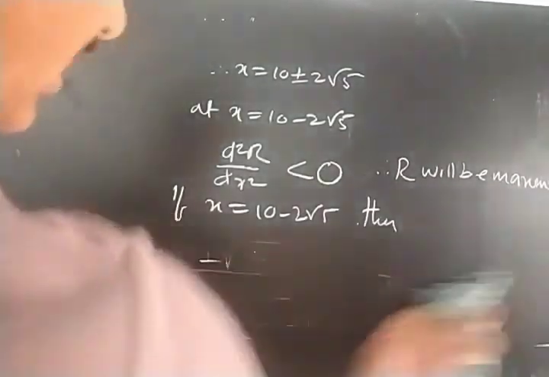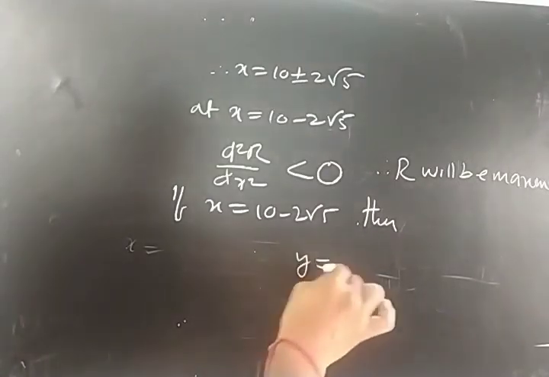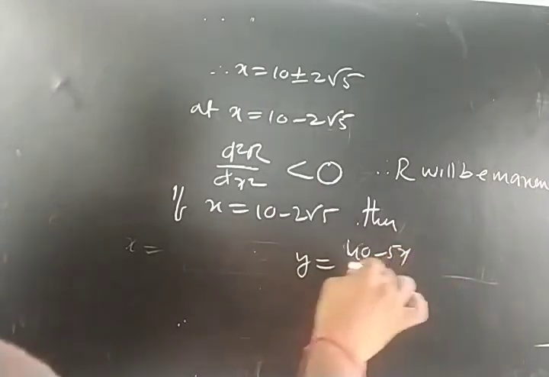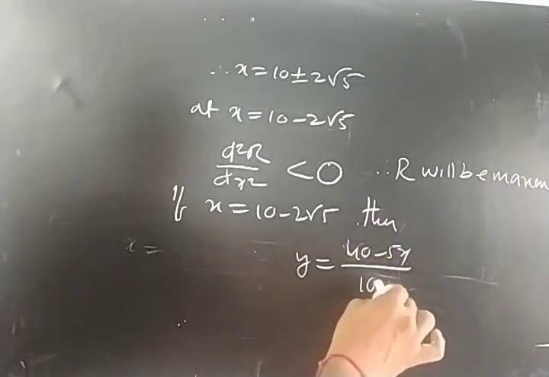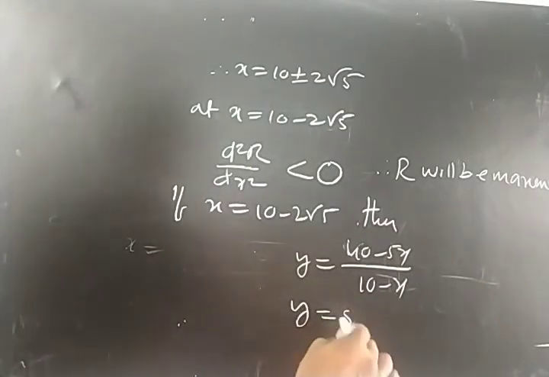Then substitute in the relation. What is the given relation? y equal to (40 minus 5x) by (10 minus x). By substituting the x value in this relation, you will get y equal to 5 minus root 5.